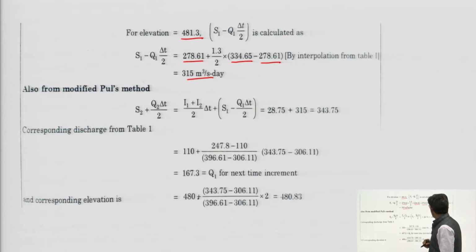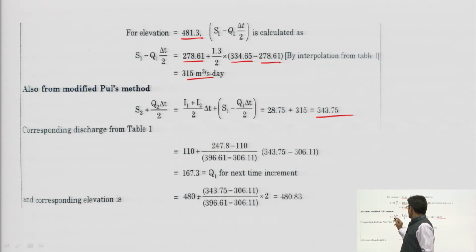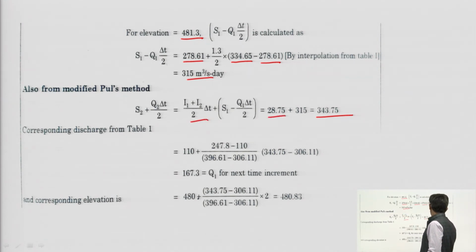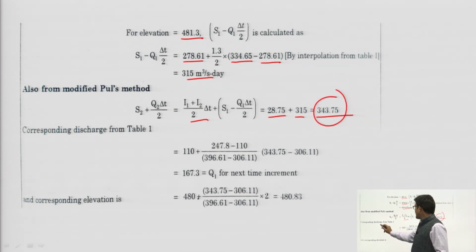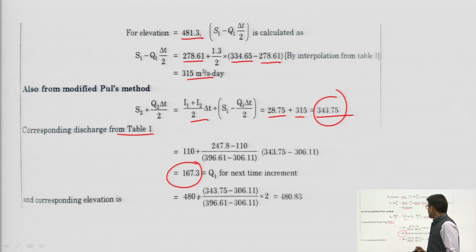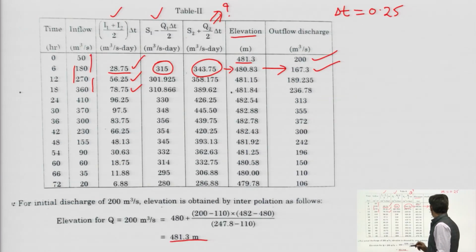Okay, as explained here, from the modified Pulse method, S2 plus Q2 into del T by 2, this has been calculated, and the corresponding discharge from table 1 is linearly interpolated, and we got 167.3.